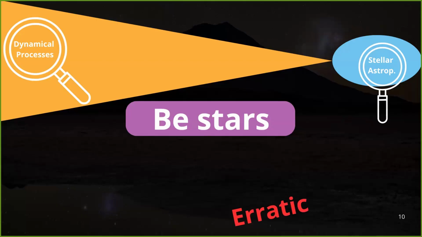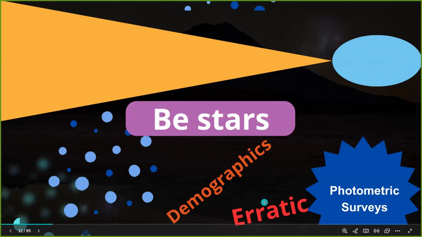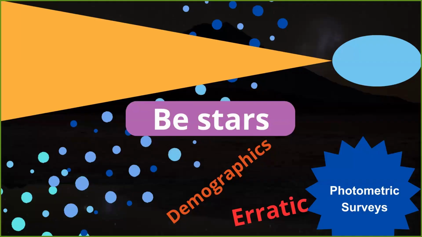So to better understand the Be phenomenon, we need to go to demographic studies so we can surpass this limitation. And this is possible since many photometric surveys have become public in the last years.